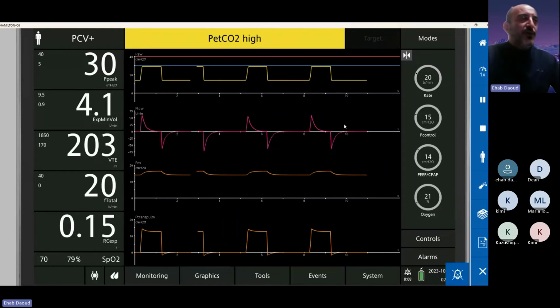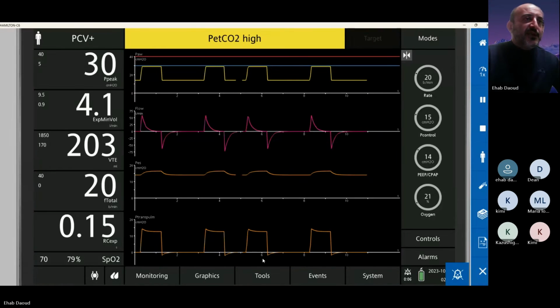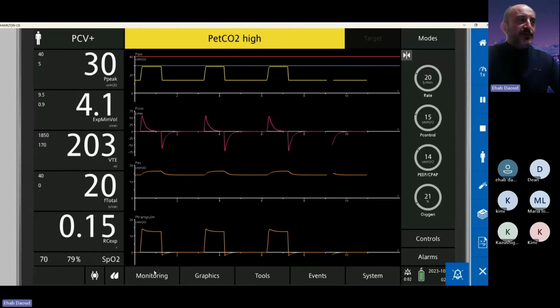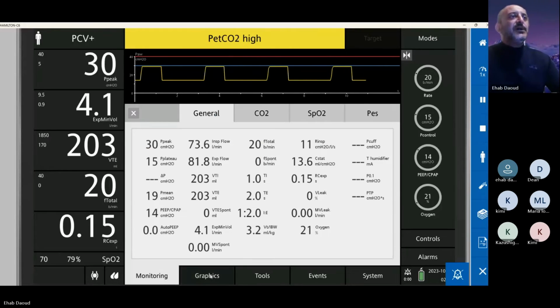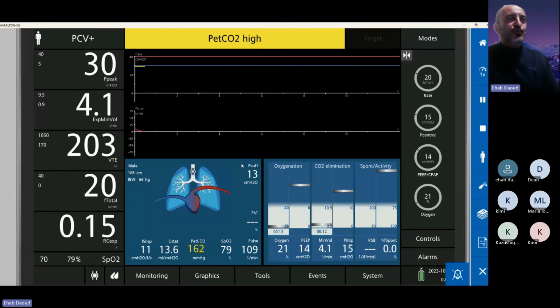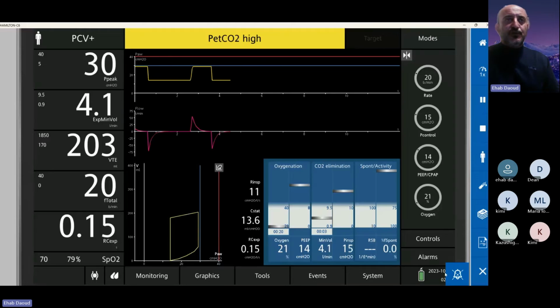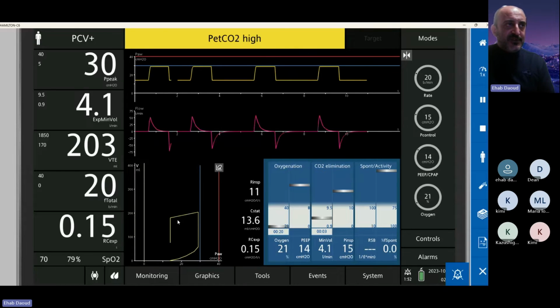Since we're talking about mechanical power, again, I want to show you the difference between pressure control and volume control. So we'll do the loops and the pressure volume loop here. If you remember from the PowerPoint slides, this is pressure control, and this is the PEEP.